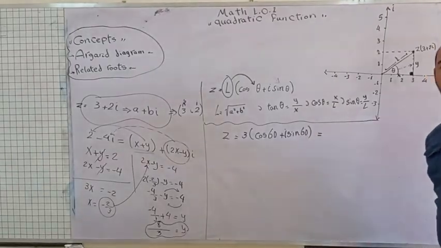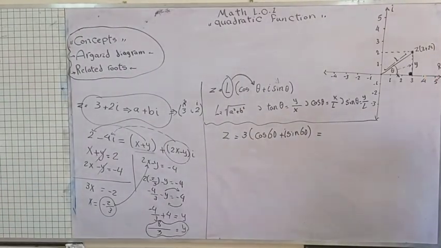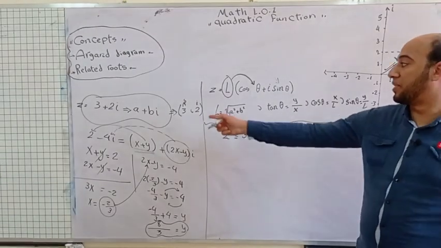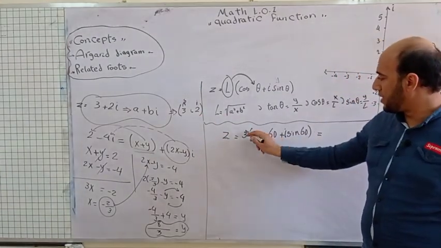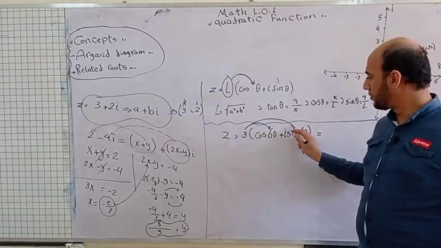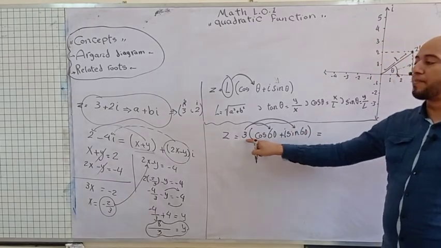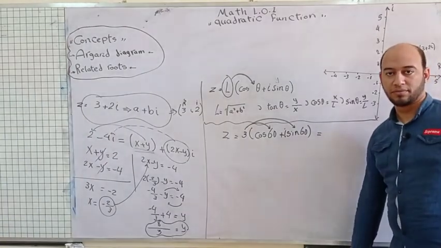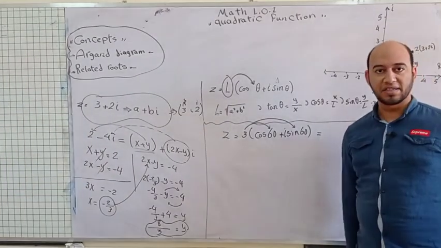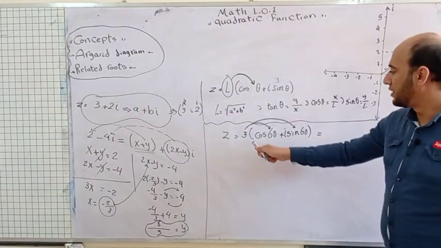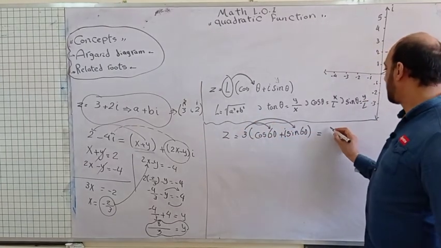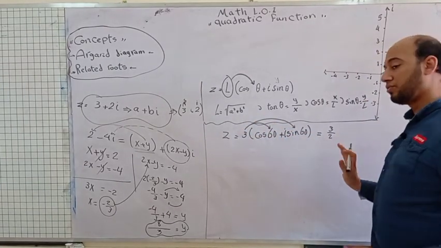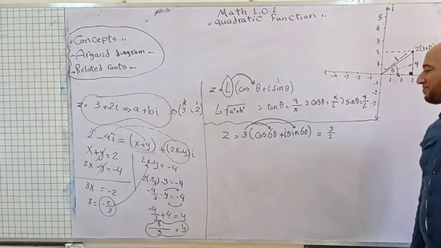How can we convert it to the algebraic form or an ordered pair? By an easy way, you will distribute the modulus to these two terms. Cosine 60 equals half. 3 times half equals 3 over 2. This is the real part.